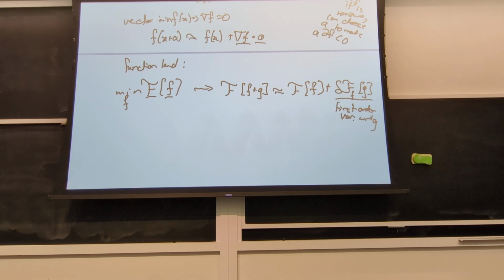And again, the idea is the same. If this is non-zero, then you can change it so that it's going to be negative, and so it won't be a minimum. By the way, if it's non-zero, that means you can choose something such that a dot gradient of f, for example, is non-zero. It could be either positive or negative, but if you flip the sign of a, then it would be negative, if the initial term is positive.